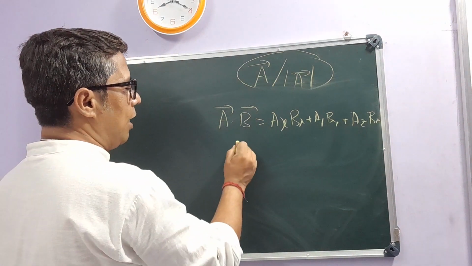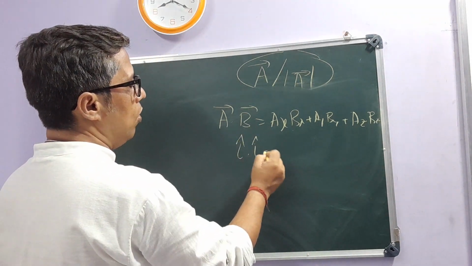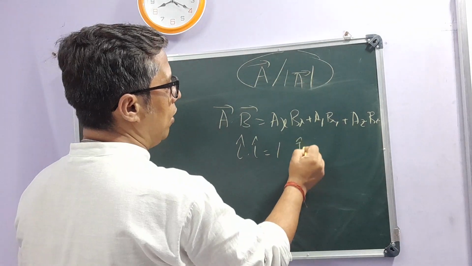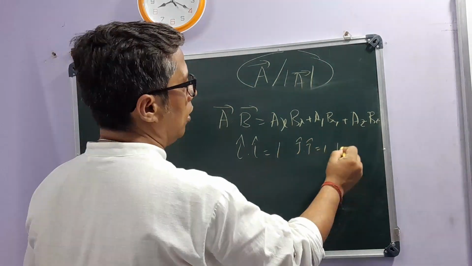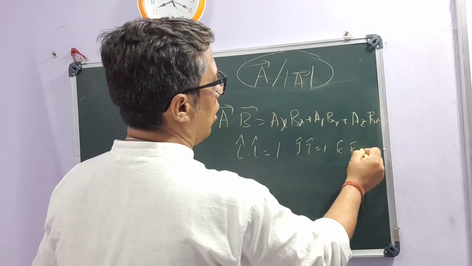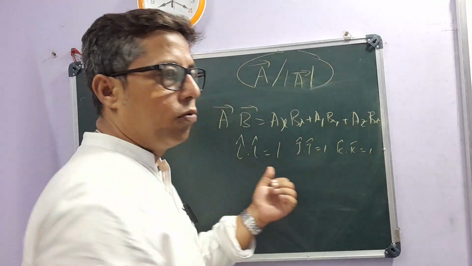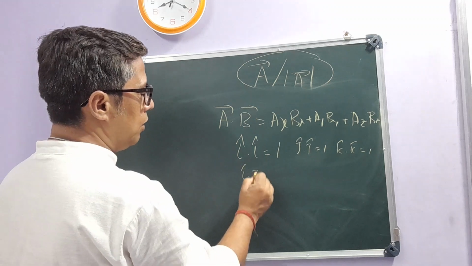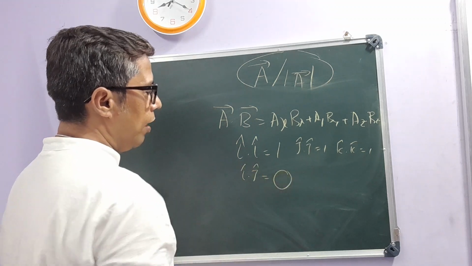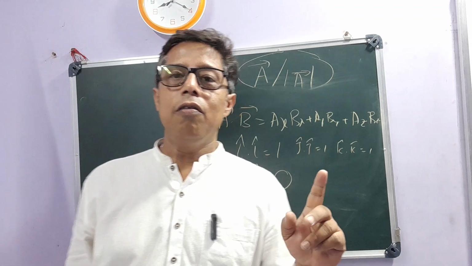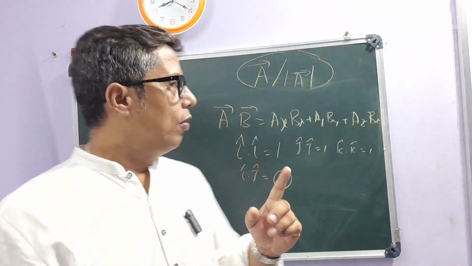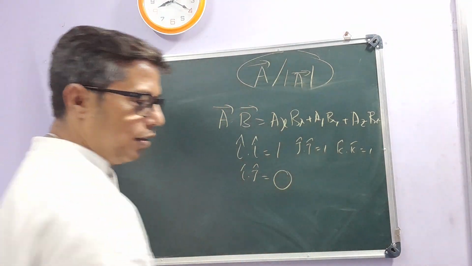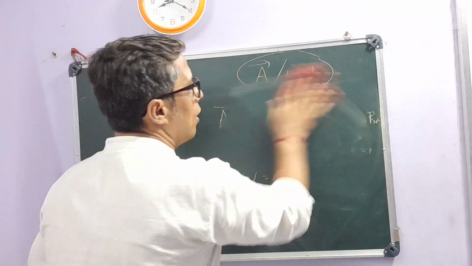There is a magic: i dot i will be 1, j dot j is 1, k dot k is 1. So the dot product of a unit vector with itself is 1, but i dot j will be 0. When two vectors are perpendicular, their dot product will be 0. What is the reason? Now here you go.